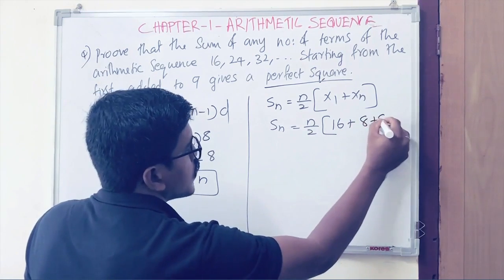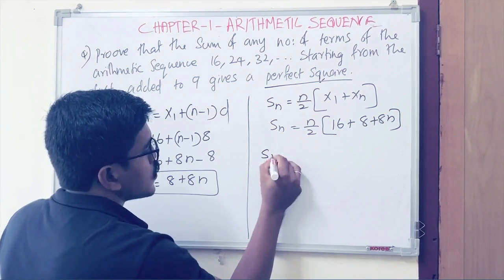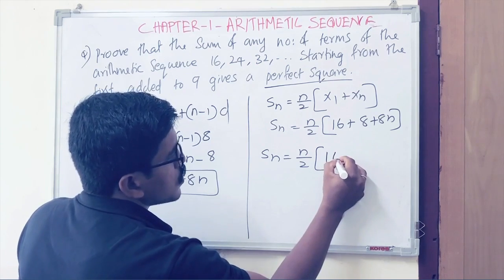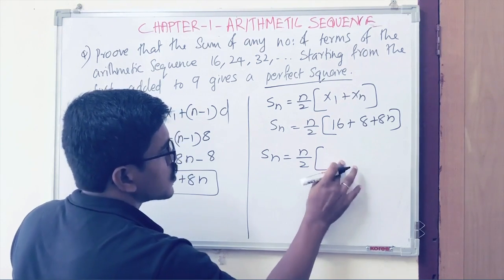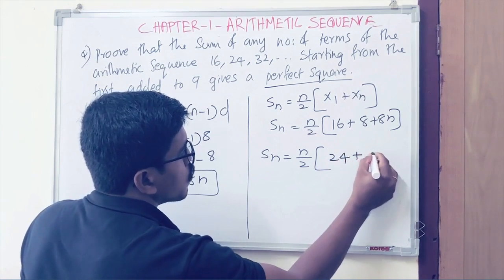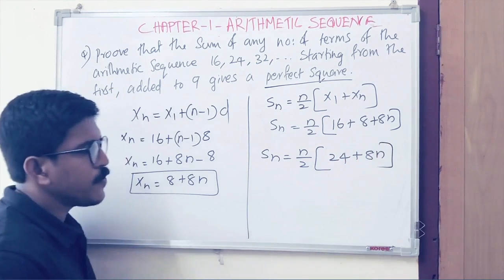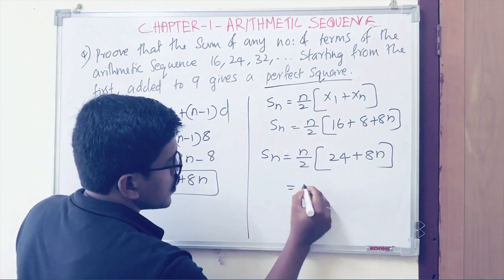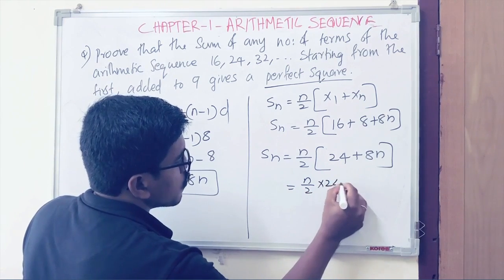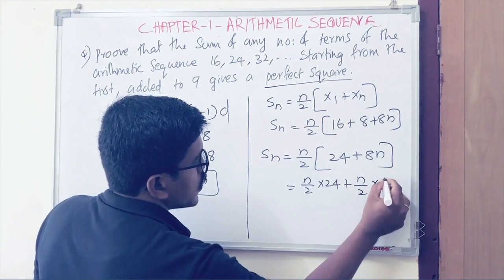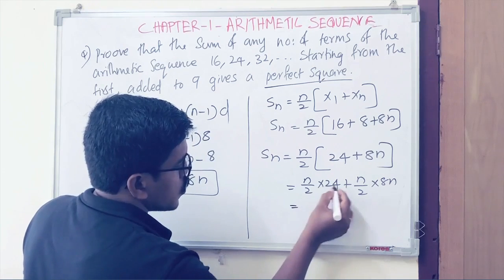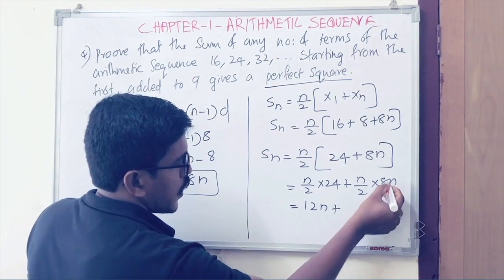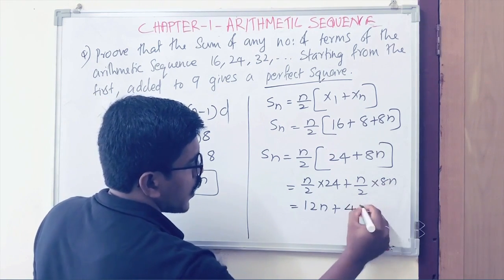So Sn is equal to n by 2 into (16 plus 8 plus 8n). 16 plus 8 is 24, so 24 plus 8n. Now we multiply n by 2 with each term: n by 2 into 24 plus n by 2 into 8n. 24 by 2 is 12, so 12n, plus 8 by 2 is 4, and n into n is n square.